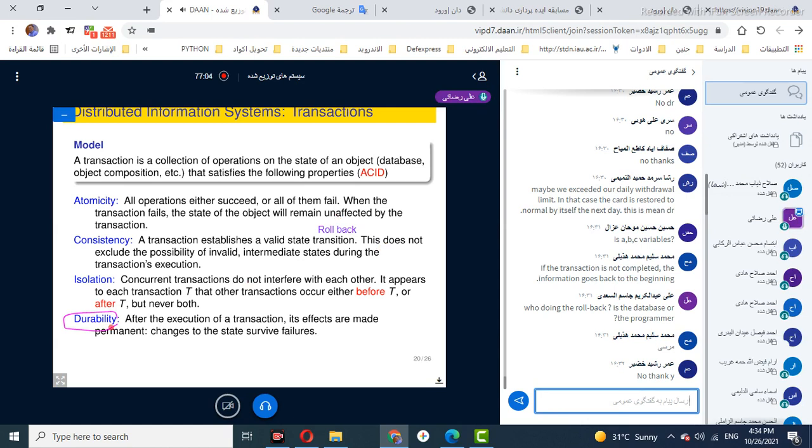Okay, it's kind of obvious that we want the result of a committed transaction to be permanent, but we should mention it here. This is durability, and then we have isolation.